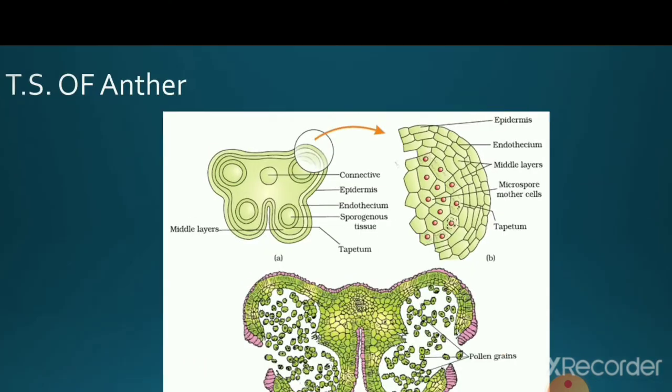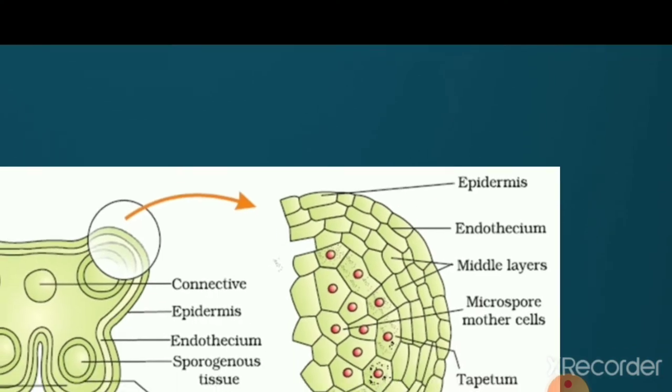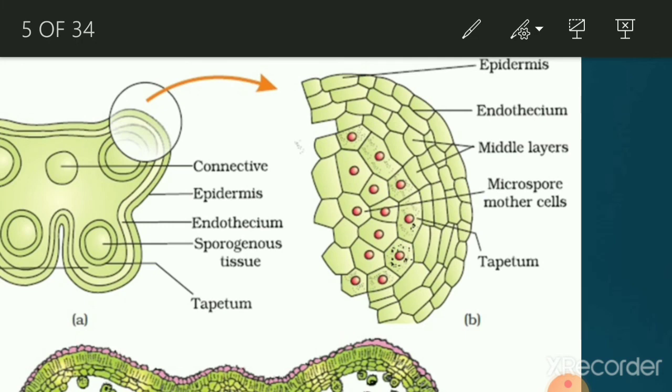Now, as you can see in the diagram, this is an enlarged structure to show various kinds of cells and various layers in an angiospermic anther. The outermost layer is called the epidermis.